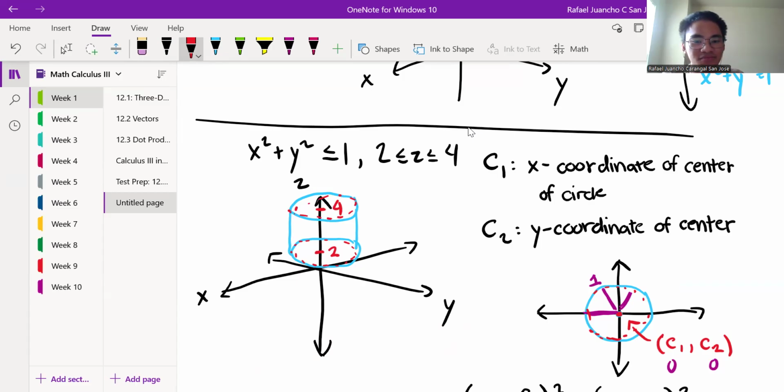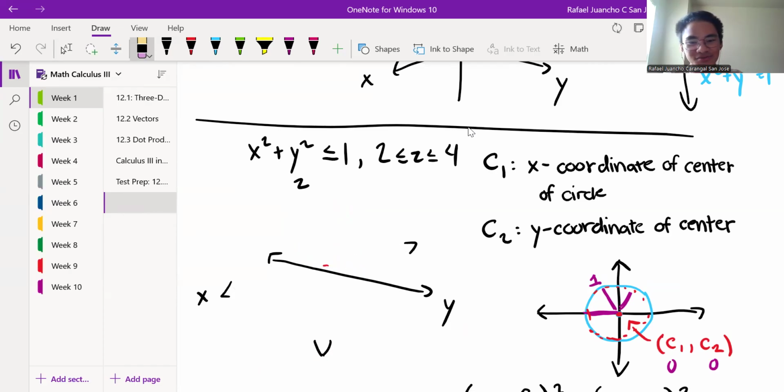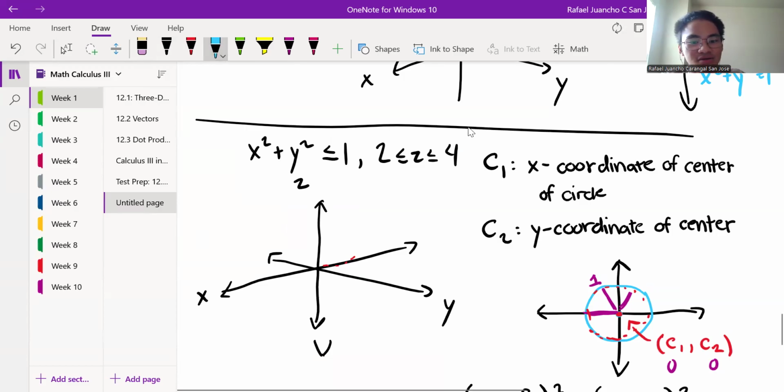We also include the points inside, and it's the same for all of them. So it's a circular cylinder, but we include all the points between 2 and 4 on the z-axis. Okay, now I messed up my drawing because I put so many points. But to summarize, it's just 2 to 4.